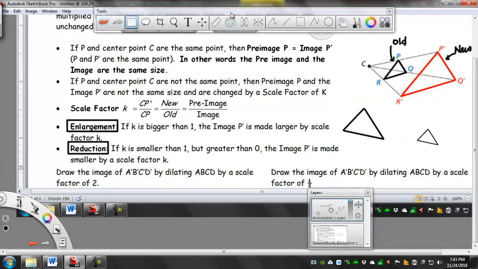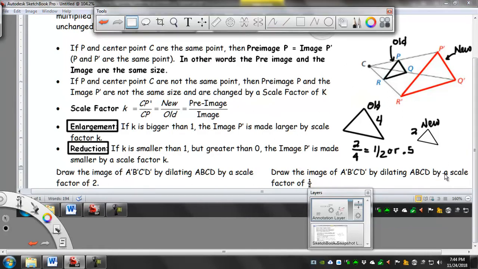Then this is my new one. This would be the old one. Let's say the old one is 4 and the new one is 2, I take the new one divided by the old one, and my scale factor is 1/2, or you could say it's 0.5. So that's what we're talking about, a reduction. So it's just the opposite of what this other one would be. So are we okay with that? All right, I'm going to go ahead and erase this.